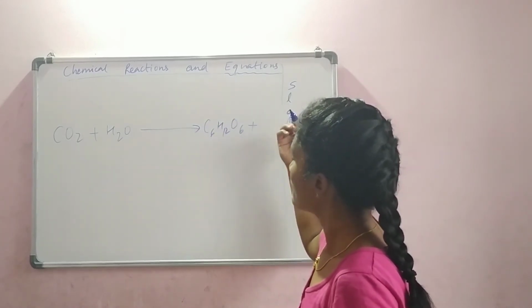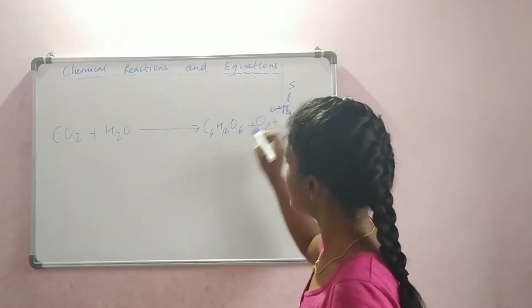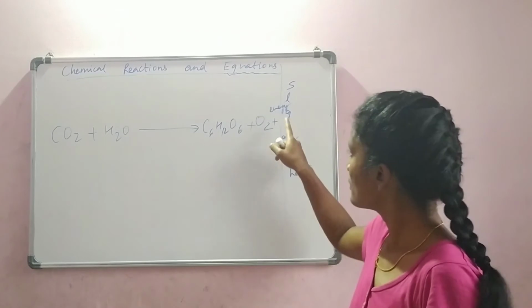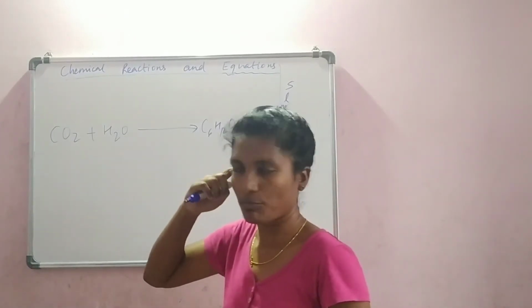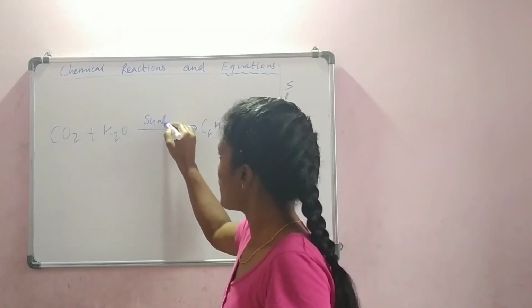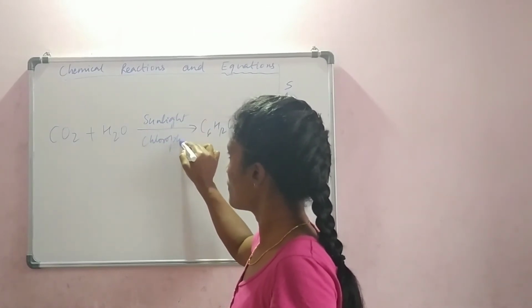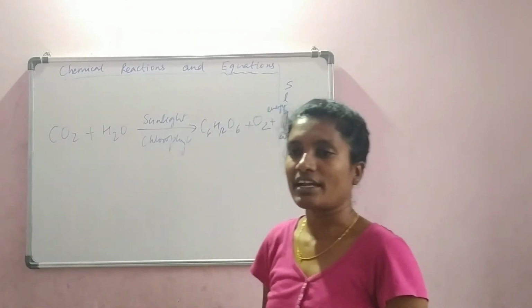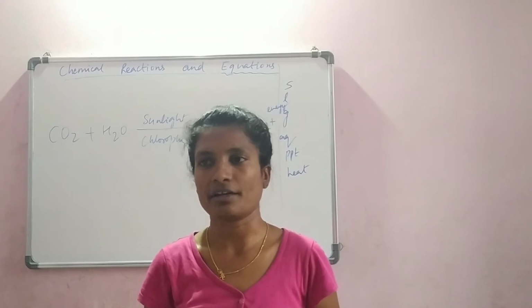Along with that, oxygen is released, along with that energy is released. Can you see? Some reactions release energy. And very importantly, have you observed writing sunlight and chlorophyll here?